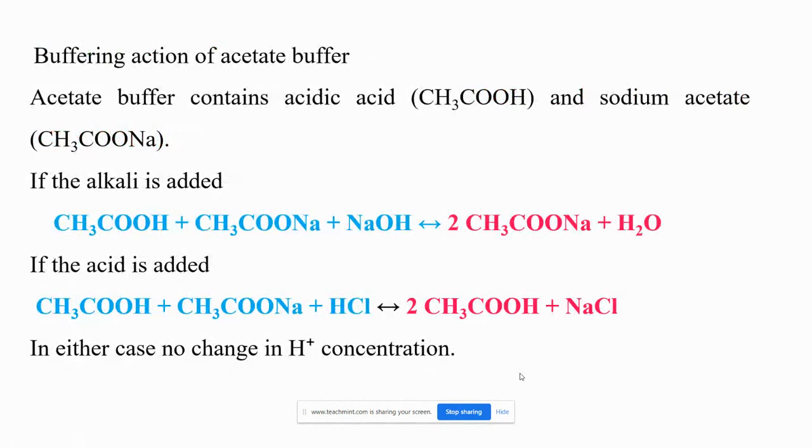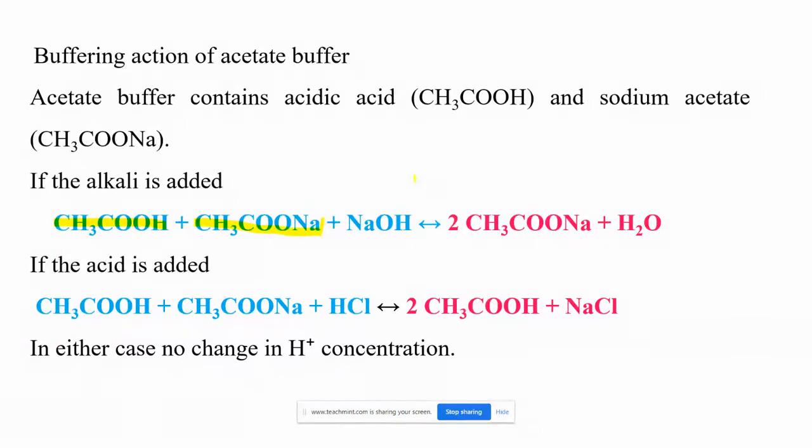So all of you take paper and write the buffering action of the buffer. Here we have taken acetate buffer. How does that acetate buffer resist the change of pH by the addition of alkali or acid? Already we know this. Acetate buffer contains a weak acid, acetic acid, and sodium acetate.